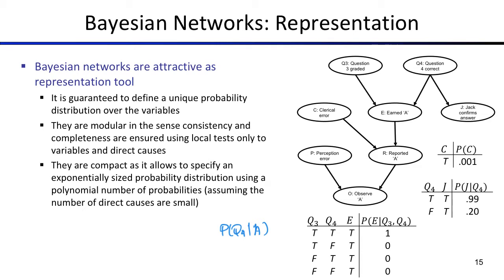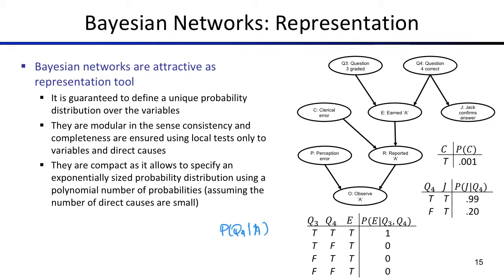Something that is very important here is that even though we are not representing the full joint probability table, we can compute that full joint probability table from this Bayesian network. As long as we specify the probability tables for each node, and we have it specified for all of them.